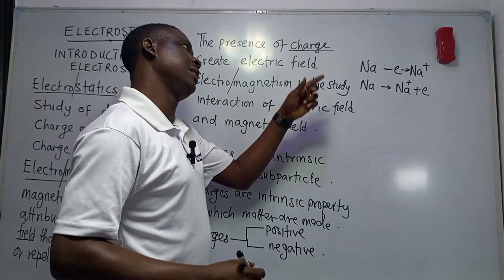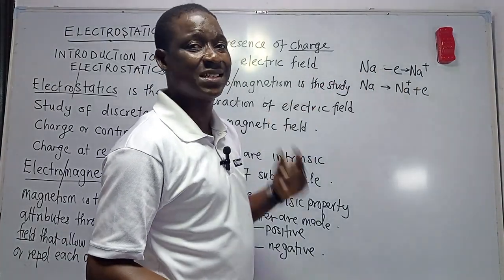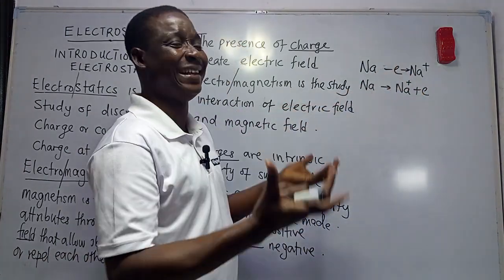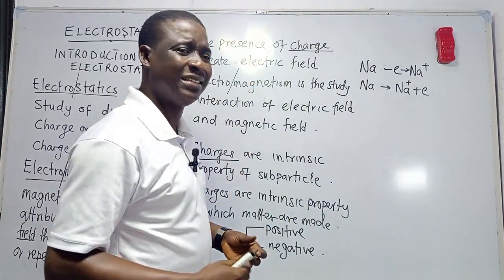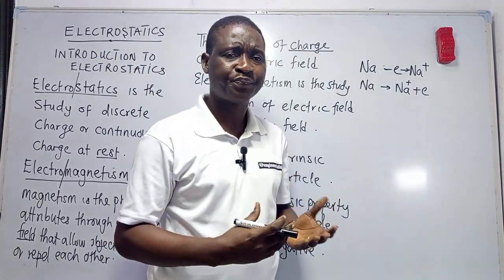So if you remove one electron from sodium, it becomes ionized sodium, and this ionized sodium creates an electric field around it because of the presence of charge. Now, let us move further.